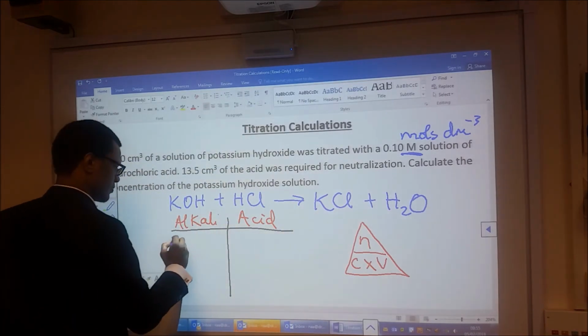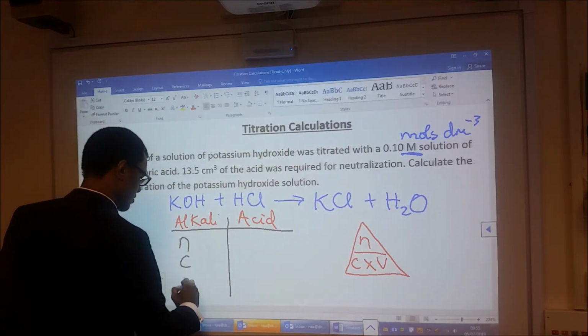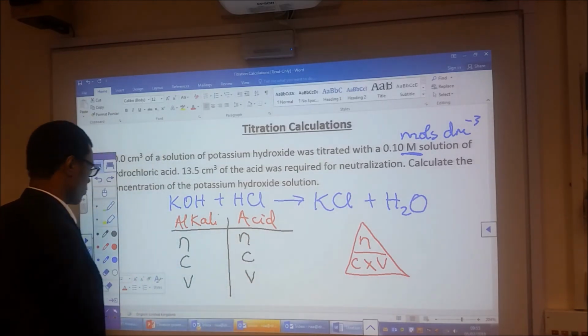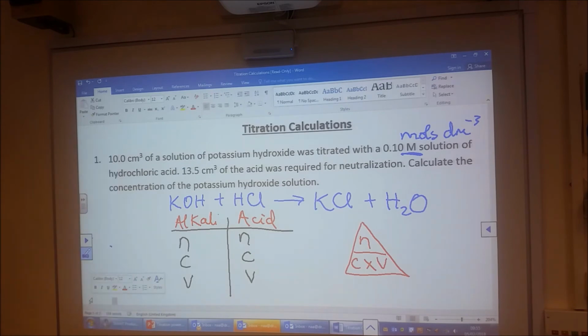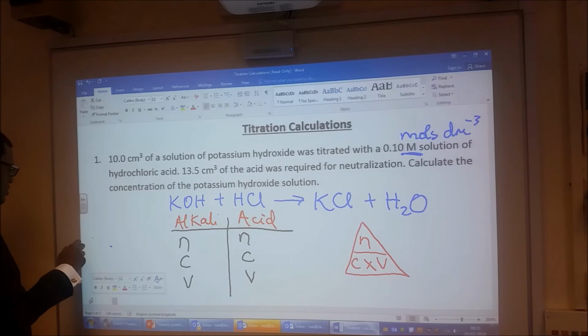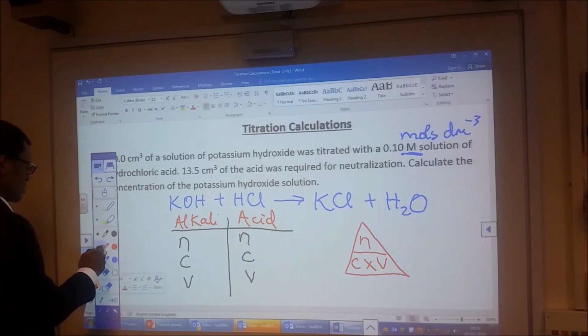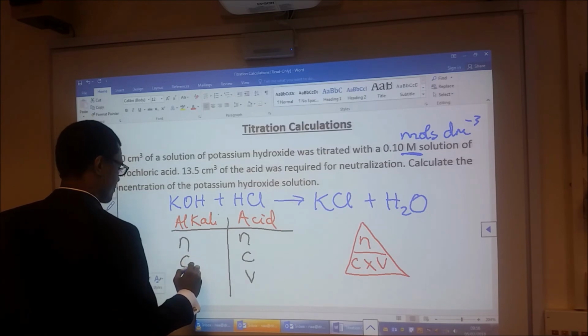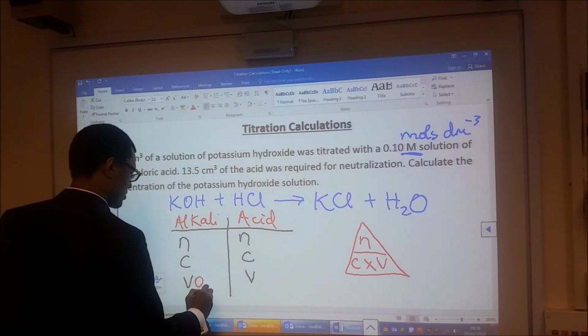Once again, NCV, NCV. What can we pick out from this? Our solution of potassium hydroxide was 10 centimeters cubed. We need to convert that into decimeters cubed first. So divide that by 1,000. That's going to be 0.01.